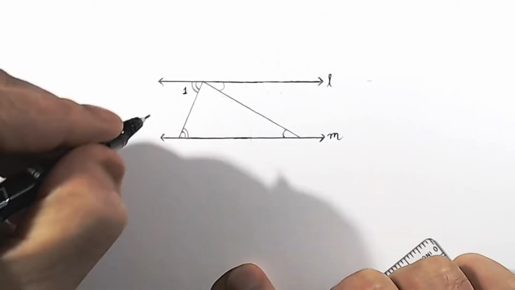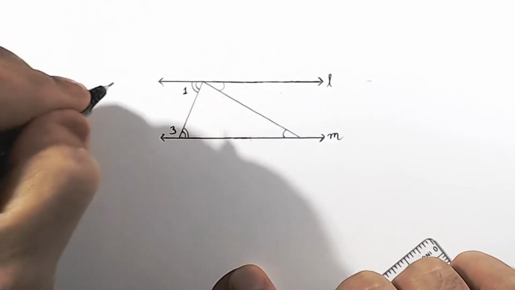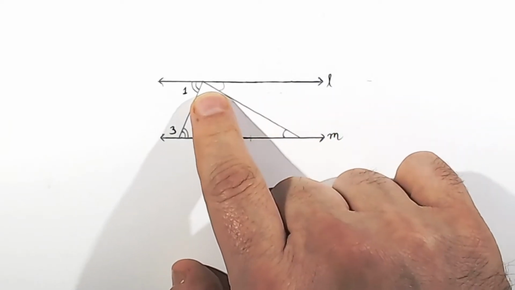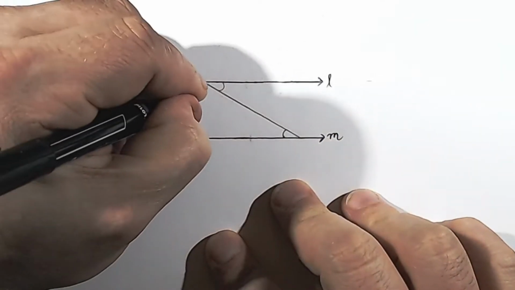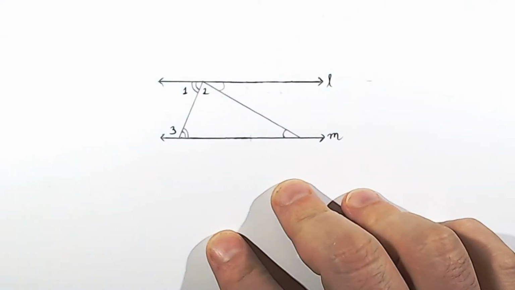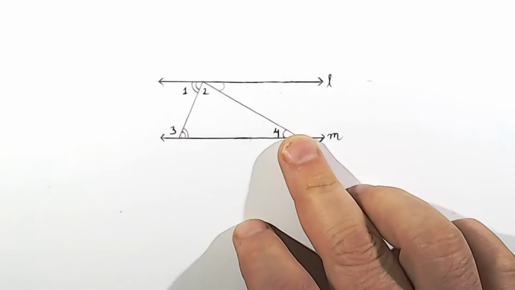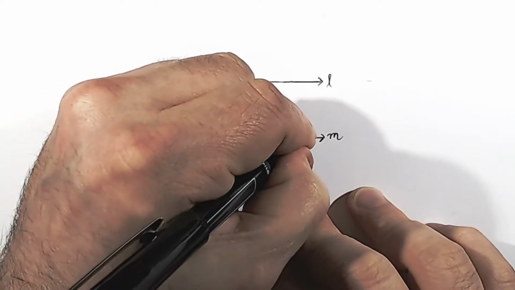This angle over here was called angle 3. This angle inside the triangle here was called angle 2. This angle over here was called angle 4. And this angle was called angle 5.